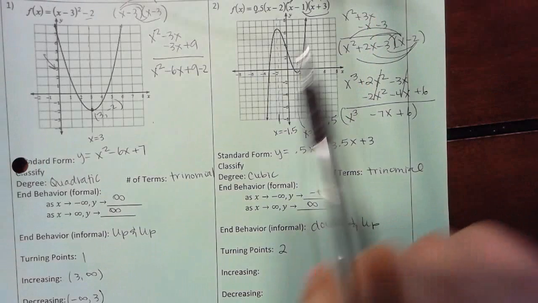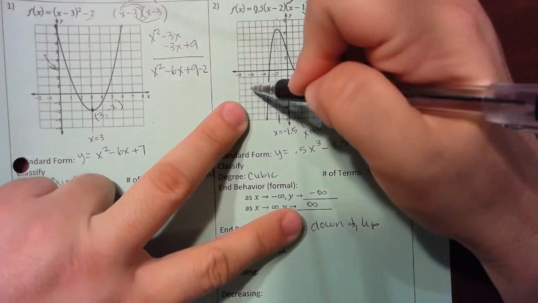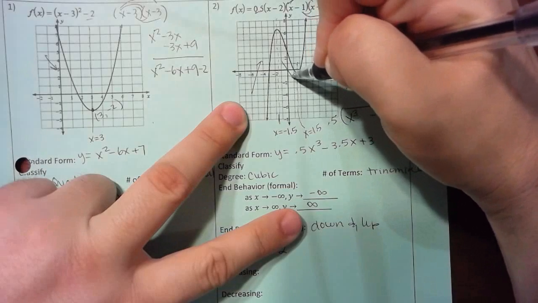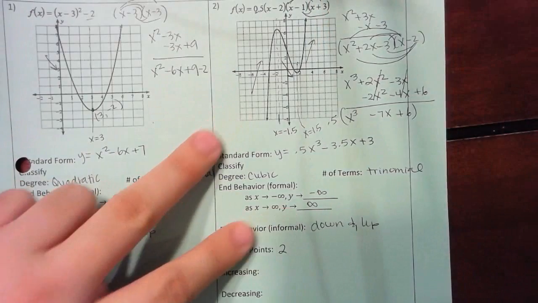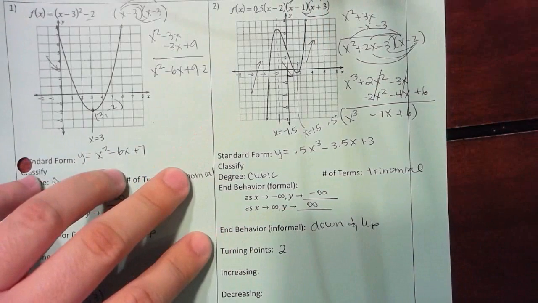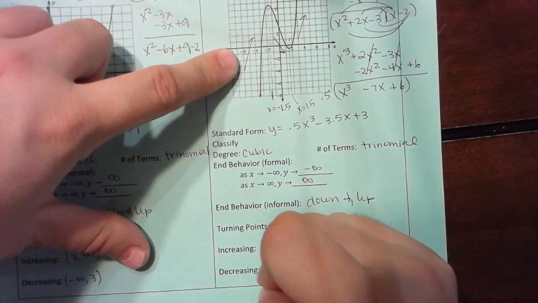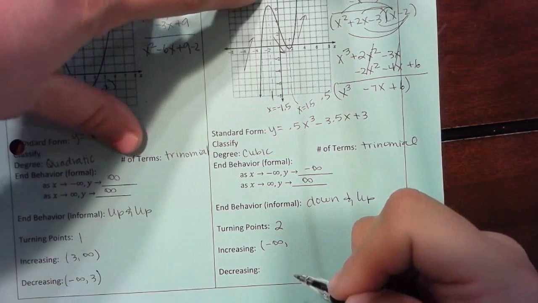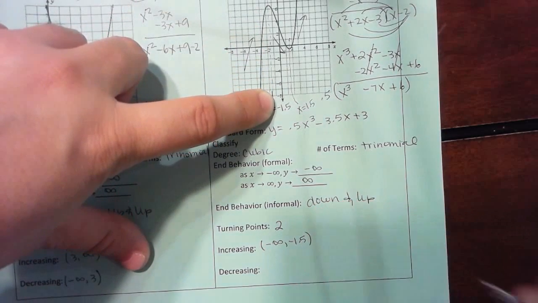So we've split the domain up into 3 different chunks this time. On the very far left, the graph is going up, then it turns and goes down, and then it turns again, goes back up. So on that first part of the domain, I'm increasing all the way from the left, negative infinity. I stop increasing at my first dotted line, negative 1.5.